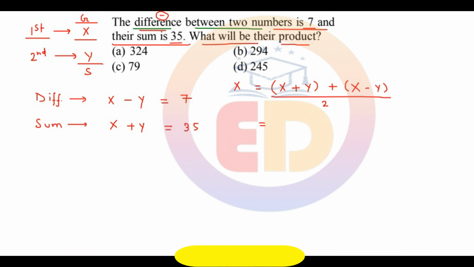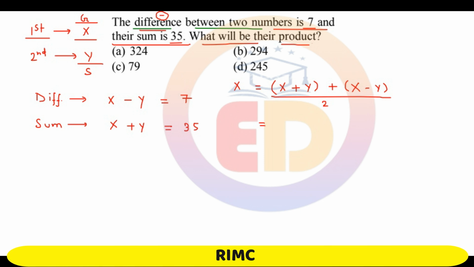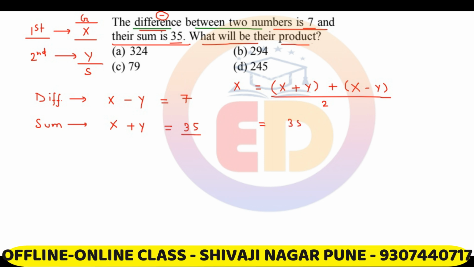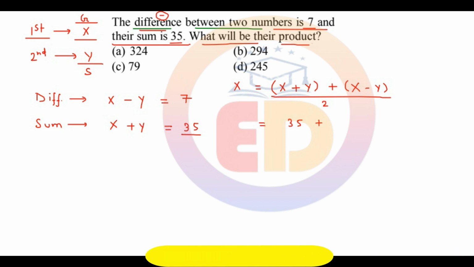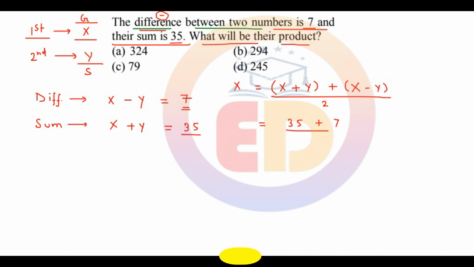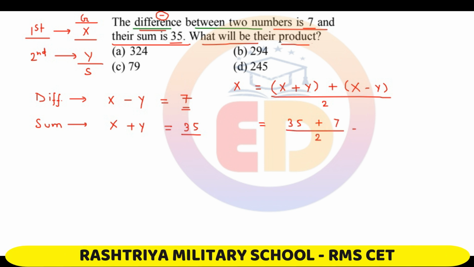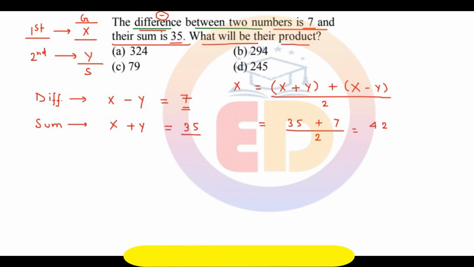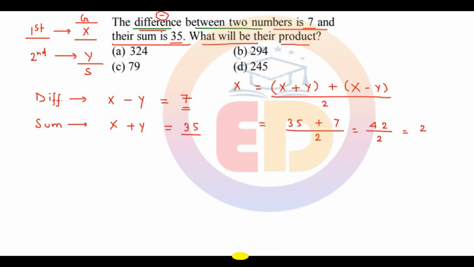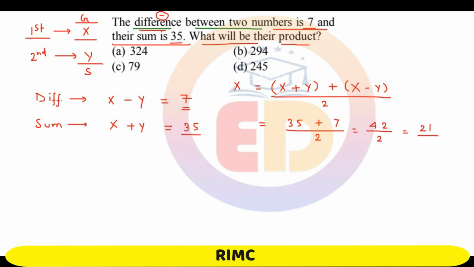The value of x plus y is 35, and x minus y is 7, so it will be 35 plus 7 upon 2. 35 plus 7 is 42, divided by 2, which is 21. So the value of x is 21.